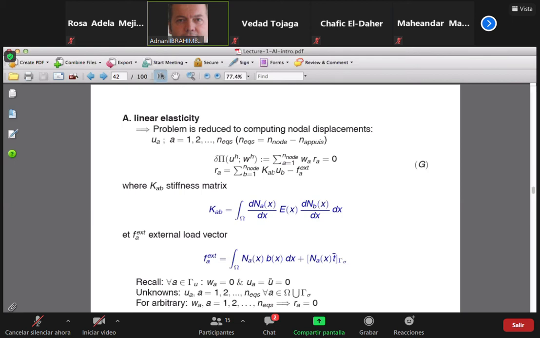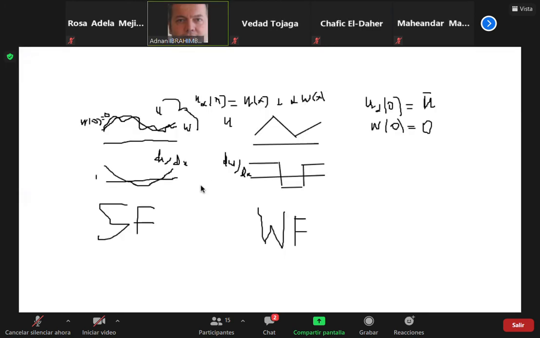Hence, the reasoning goes as follows. If I say that the product between all these W_A and R_A has to be equal to 0, then I can argue that these W_A, these virtual displacements, can be chosen arbitrarily for every node, as in my previous illustration.